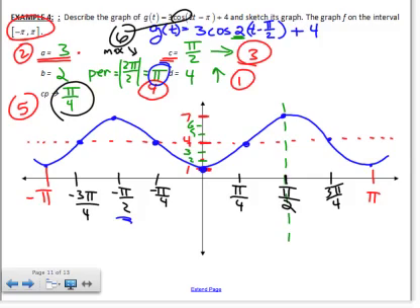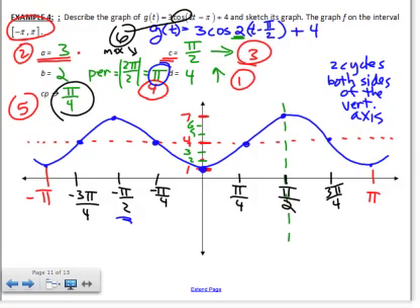Notice also, there's two things we really like to see when it's possible. We like to see 2 cycles, if possible, and we like to see both sides of the vertical axis. In other words, we like to see positive and negative.